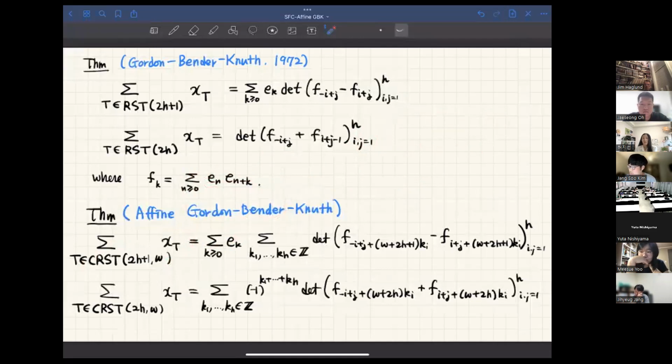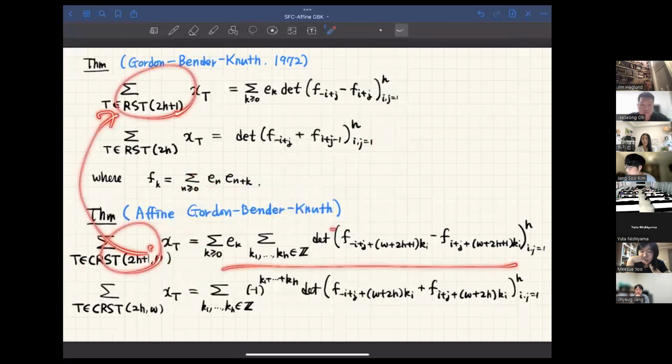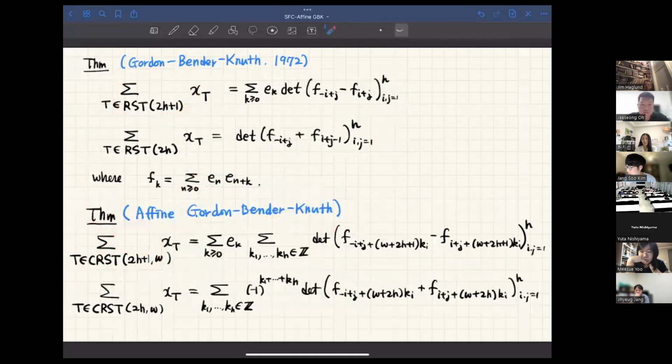So this reduces to this, and also here, if w equals infinity, everything here has to be 0. So we get exactly the right-hand side of this identity. And we also have the odd-even version as well.